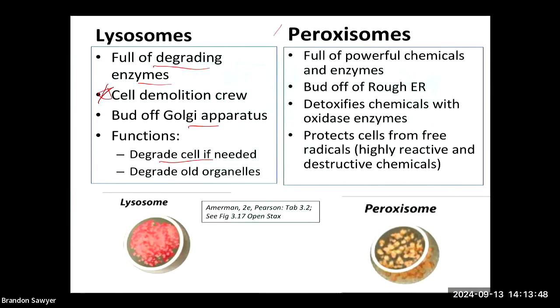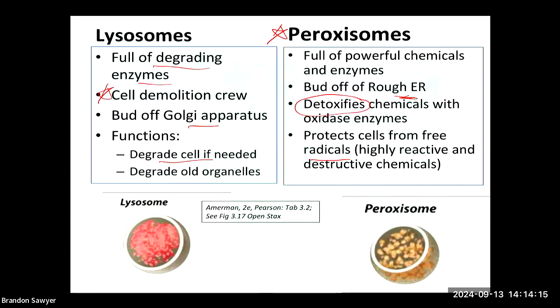And then peroxisomes are a similar idea where they have special chemicals inside that are used to do certain processes. They come off of the rough ER instead. One of their main jobs is detoxifying the cell. One of the ways it does that is protecting from free radicals. The cell gets protected from the free radicals by antioxidants.